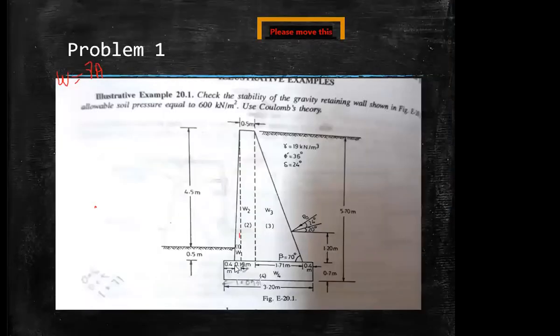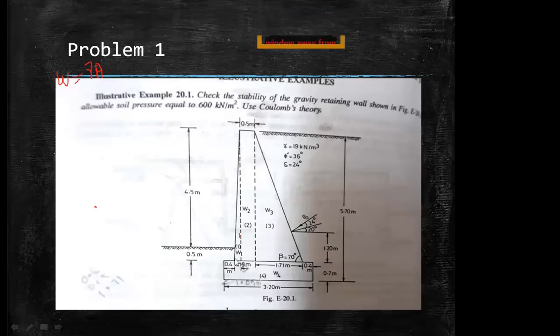Moments we always consider about the toe of the retaining wall, otherwise you can take the moments about the heel also. Any one side you can consider. In our problem we are considering the moments about this point.